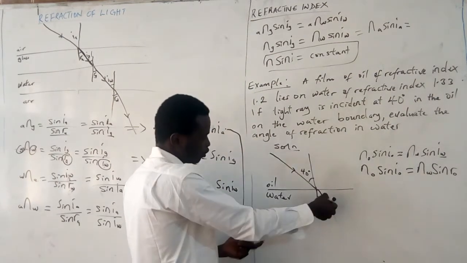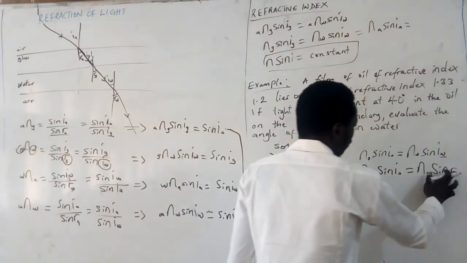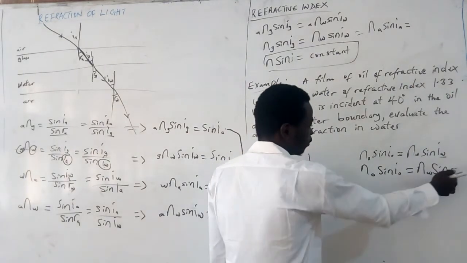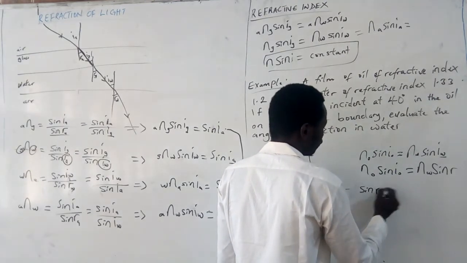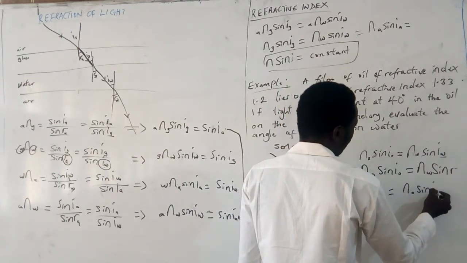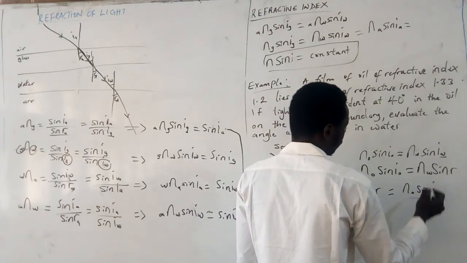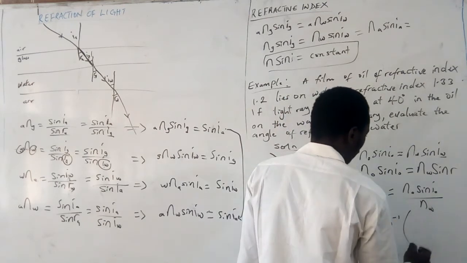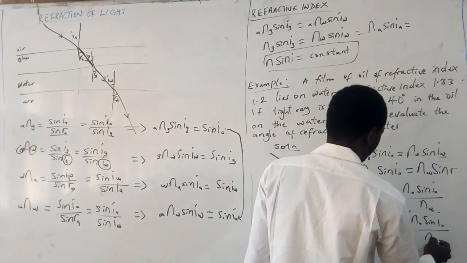So angle of refraction in water is this R, or simply let's just use R. So from here now we can look for R by saying sine R is equal to sine I over n. So R is now equal to sine inverse of sine I all over n.